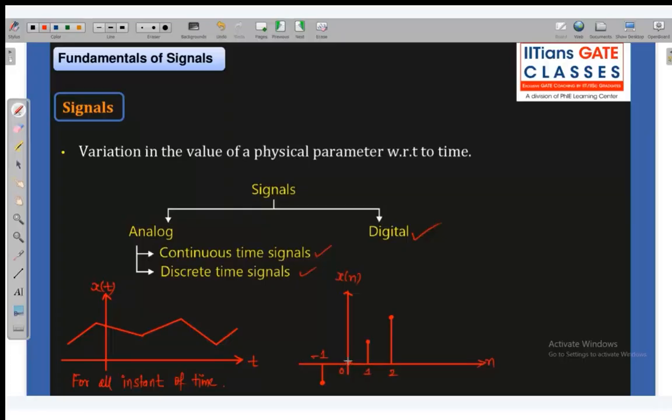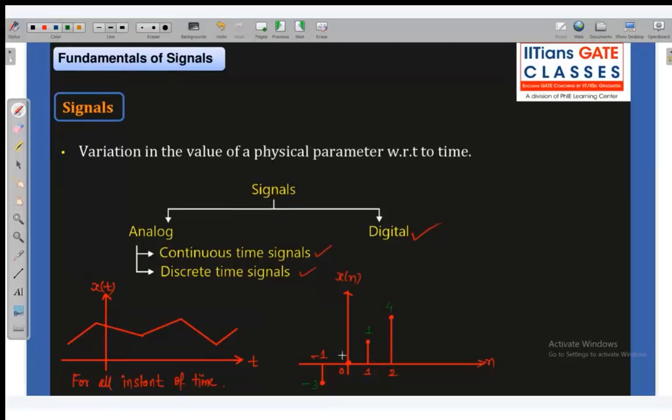Here the value is 0. The value may be somewhat negative, and there can be positive values, more positive. We represent the values like this. Suppose this value is 1, this value is 4, this value is -3, like this.